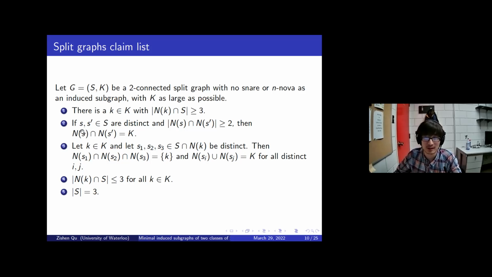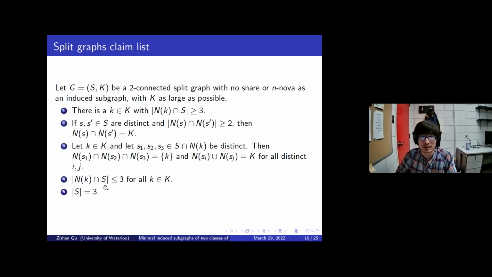Second, we show that if you have 2 vertices in the stable set that have 2 common neighbors in the clique, then their common neighbors are actually everything, the entire clique. And then we show that if you have the 3 distinct neighbors of your clique vertex, you can characterize what their neighborhoods are like. In fact, if you look at all their neighborhoods, the intersection of all of them is just K. And if you look at the union of any 2 of them, it's all of the clique.